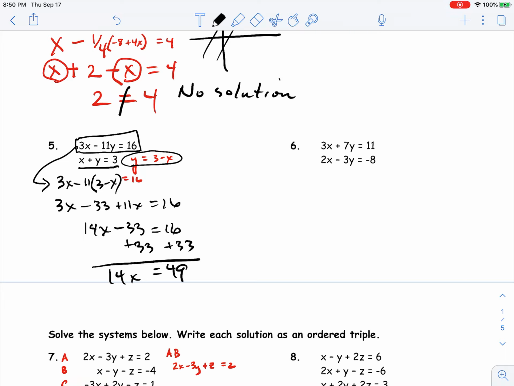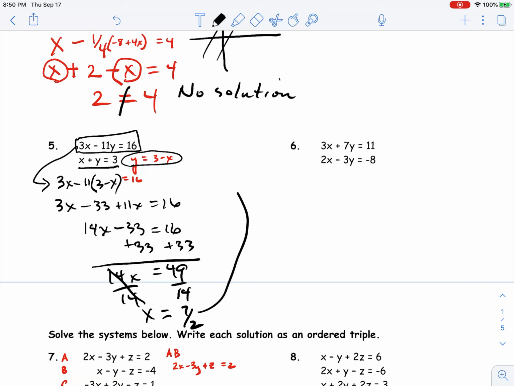So what I want to do is divide by 14, and it looks like this will cancel out, and x will equal 7 goes into 49 7 times and into 14 twice. So it looks like the value for x is 7/2.